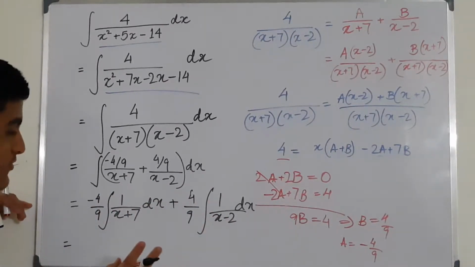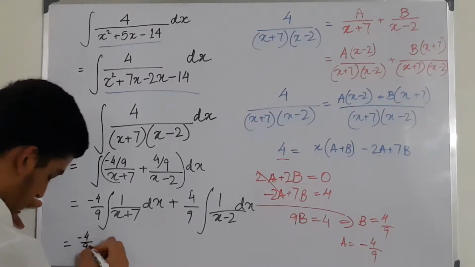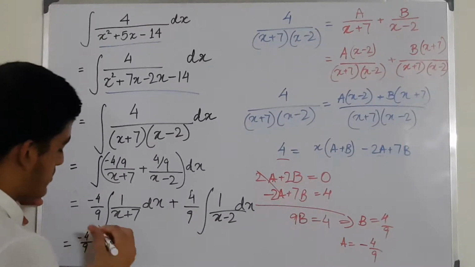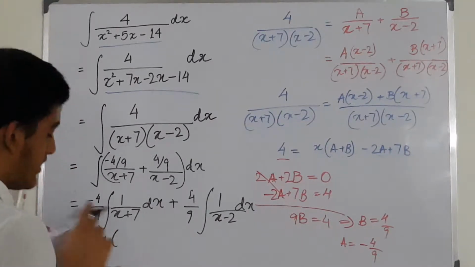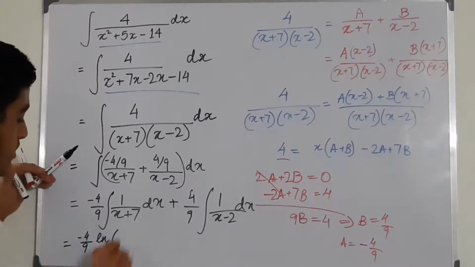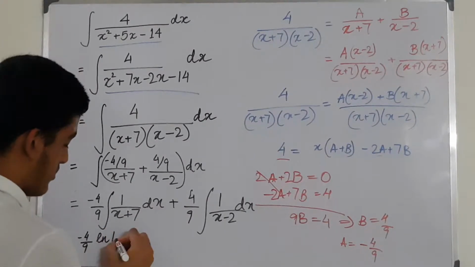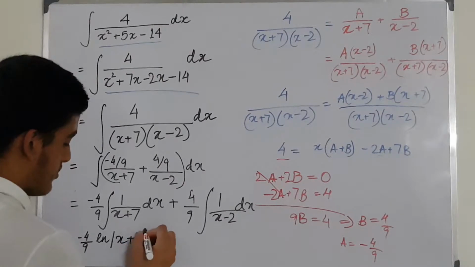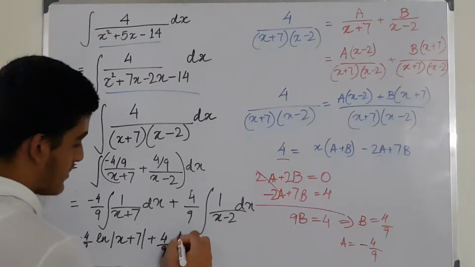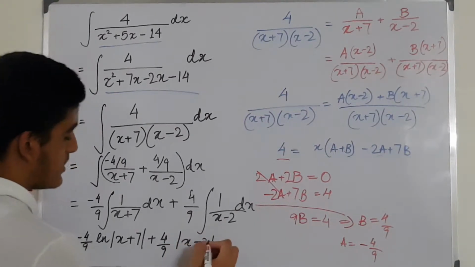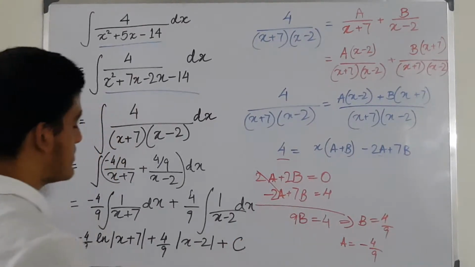This is a recognizable form which we have done before, which is simply the log base e, or ln, of the modulus of the denominator, plus 4 by 9 multiplied by ln of the modulus of x minus 2, which is the denominator, and obviously plus c.